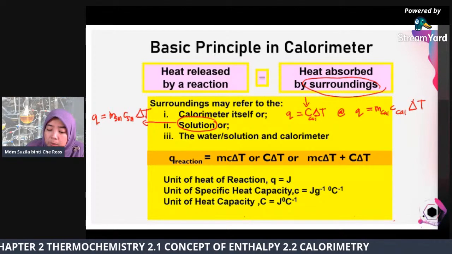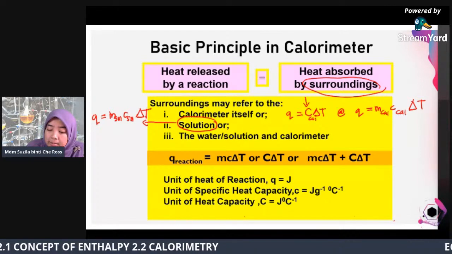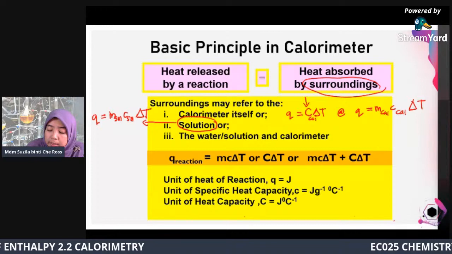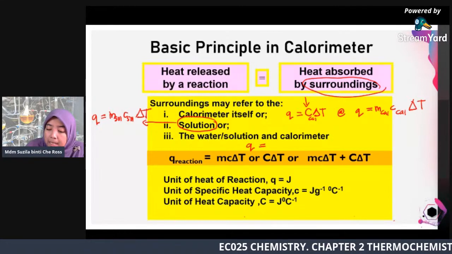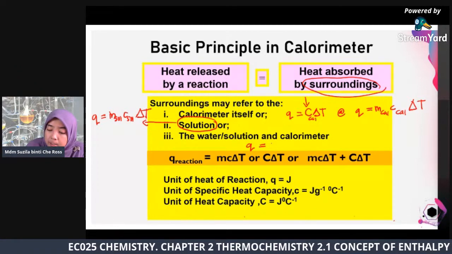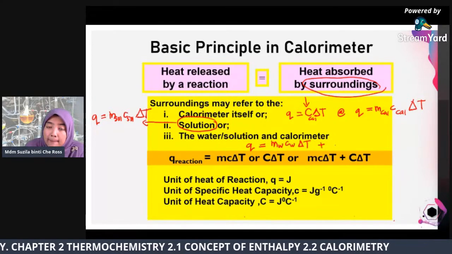So we can use the formula Q equals mass of water, c, delta T, plus mass of calorimeter, c, delta T. That one is for the calorimeter.